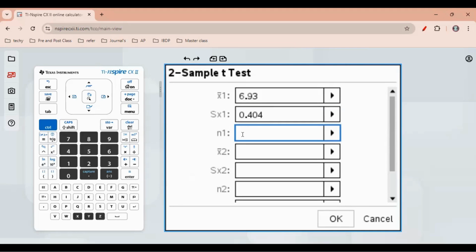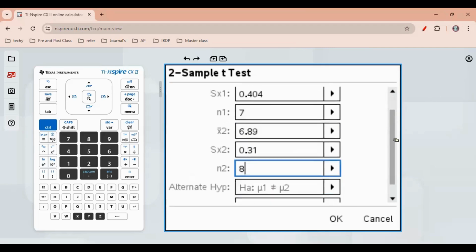And for the first case, for machine A, we are just taking 7 layers. For machine B, they give everything: 6.89 is the mean, and sx2 also they give as 0.31. Then 8 layers are involved over there.